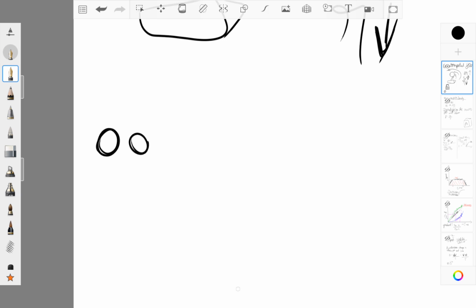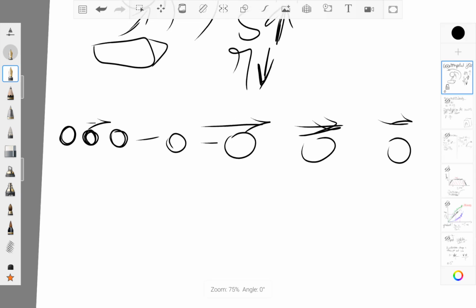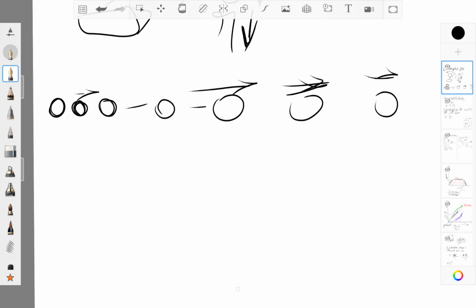A changing velocity can be something like this, where the speed changes as it goes in the east direction. You can see that this speed is changing. So you could say that this is changing velocity, but there's no change in direction.